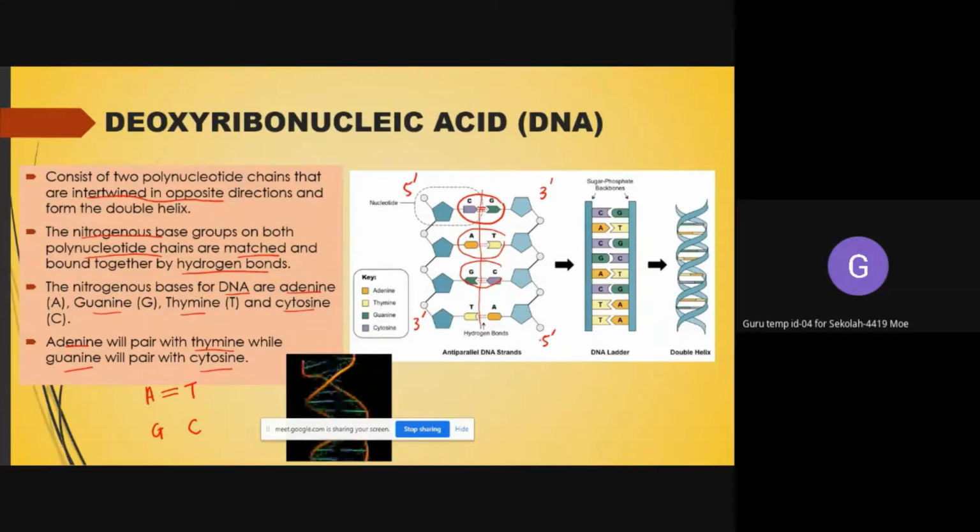Tetapi untuk guanine dengan cytosine ada 3 hydrogen bond. Nampak tak kat sini? Guanine dengan cytosine ada 3 hydrogen bond, adenine dengan thymine ada 2 hydrogen bond. Okay?